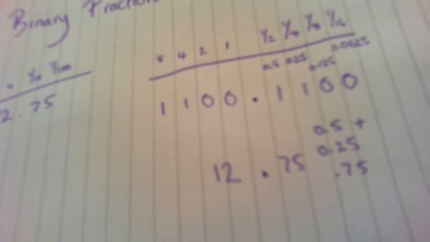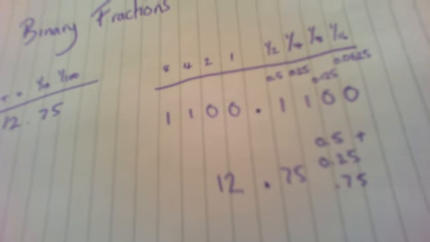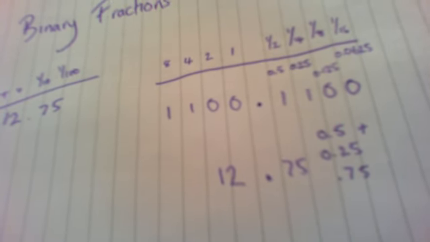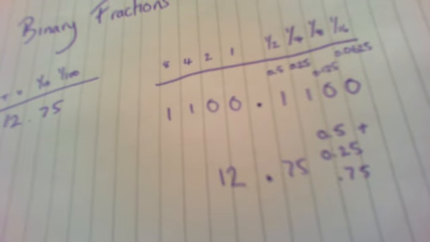But before that, let's do a worked example. We're going to convert the number 6.125 into a binary fraction. So let's do our grid again. We've got 1, 2, 4 and 8.